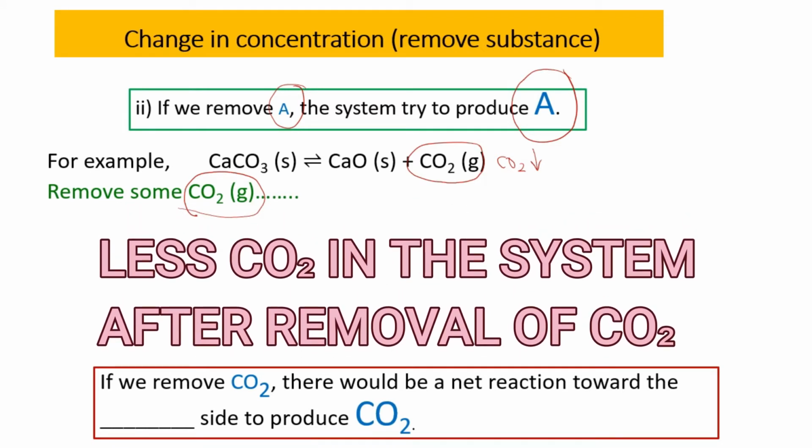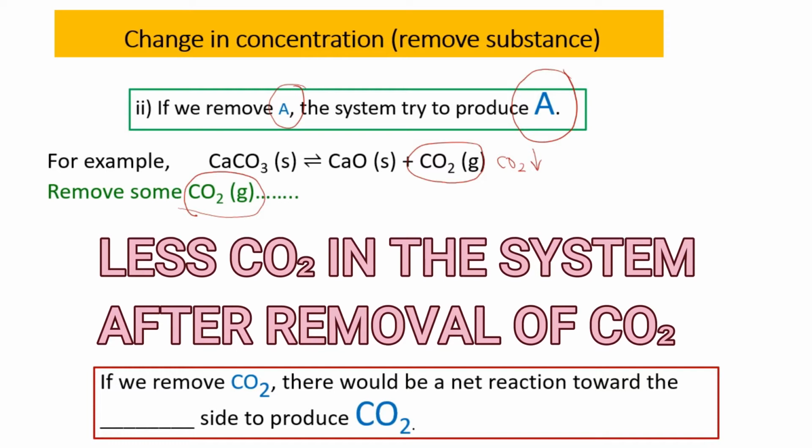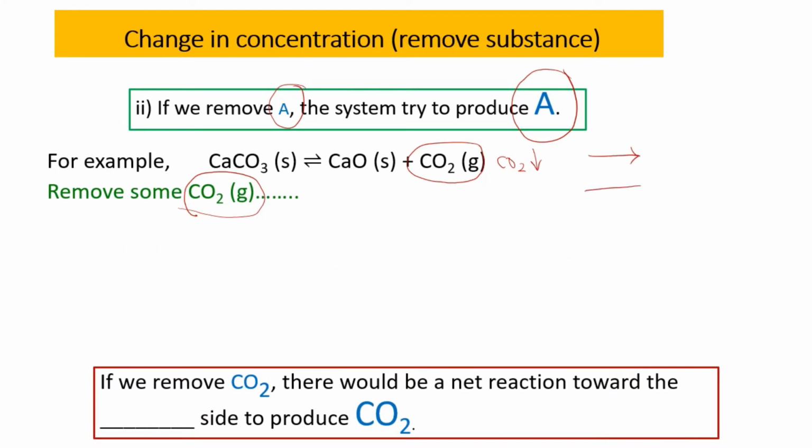So the system will choose either to shift to the right or to the left. What do you think? Should we shift to the right or to the left in order to bring up the amount of carbon dioxide?